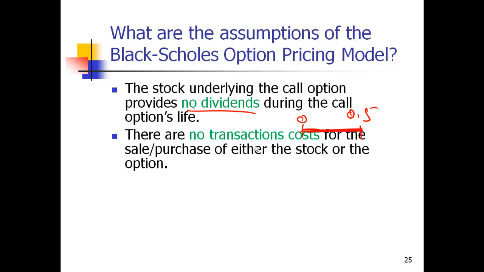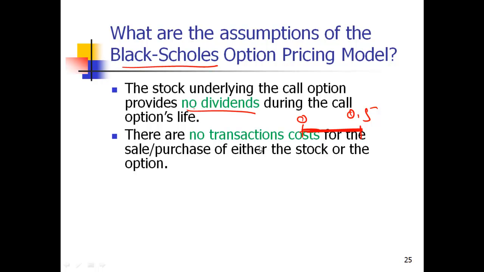Next point: there are no transaction costs for the sale or purchase of either the stock or the option. As you might have noticed, these big shots who come up with complicated theories and formulas like to make very simplistic assumptions. And even with these simplistic assumptions, when you see the formula, you will get a bit of a shock.